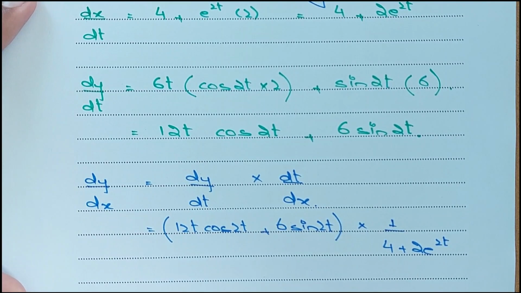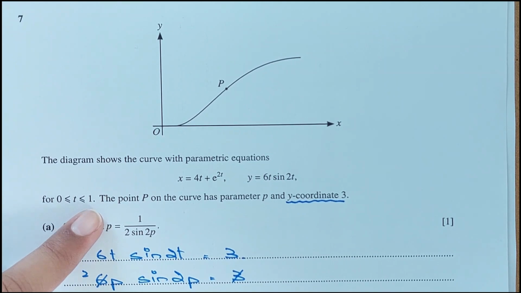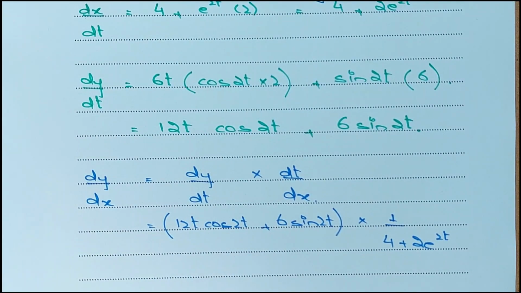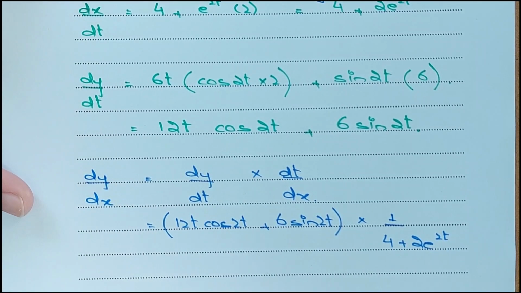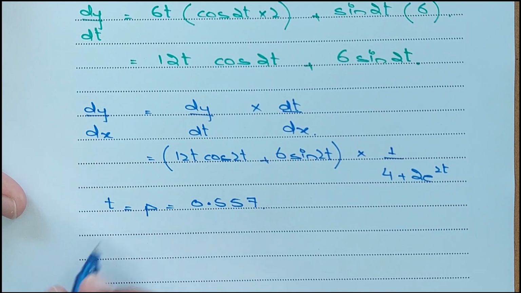This is the gradient of the curve. Now we have to find it at point P. The point P on the curve has a parameter p. We got the value of p from part C, which is 0.557. So we can find dy over dx at t equals 0.557.